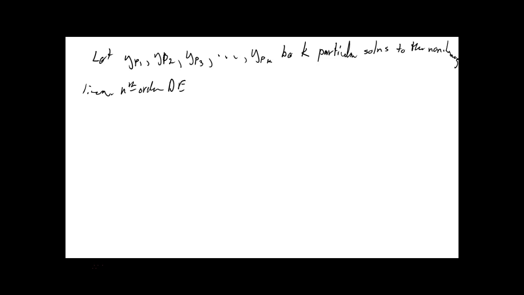If that g of x has k different particular solutions that are all solutions for that, as well as the n linearly independent solutions we're going to get from the homogeneous part, that would be your complementary solution, the combination of all those, on an interval I, corresponding to k distinct functions.